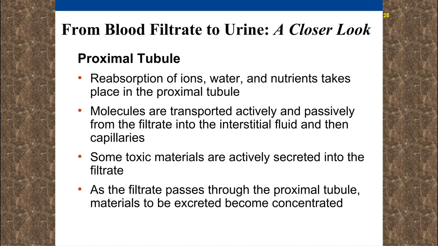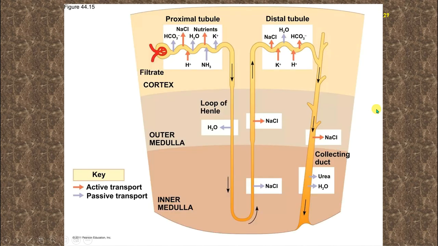Molecules are transported actively and passively from the filtrate into the interstitial fluid and then the capillaries. Some toxic materials are actively secreted into the filtrate. As the filtrate passes through the proximal tubule, materials to be excreted become very concentrated. So this is one of the important steps in the proximal tubule.